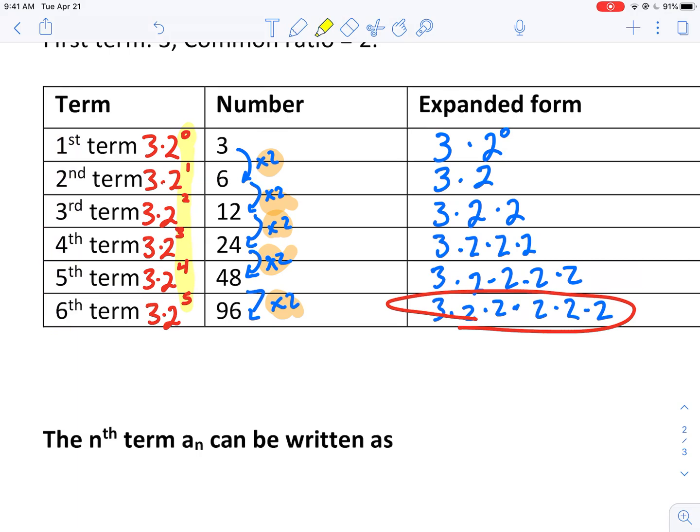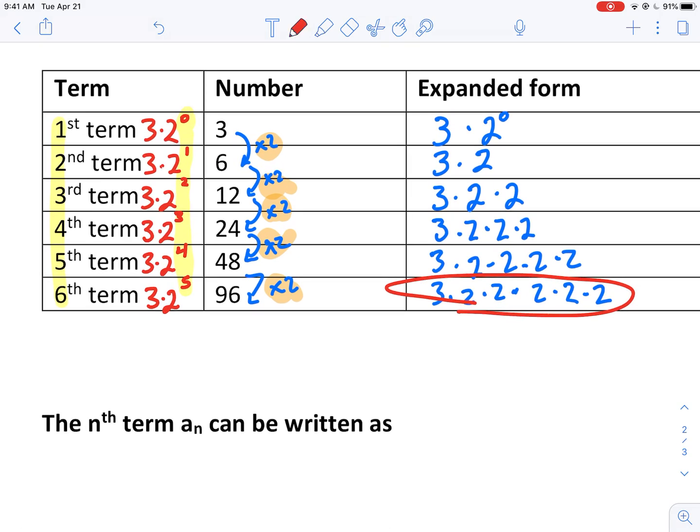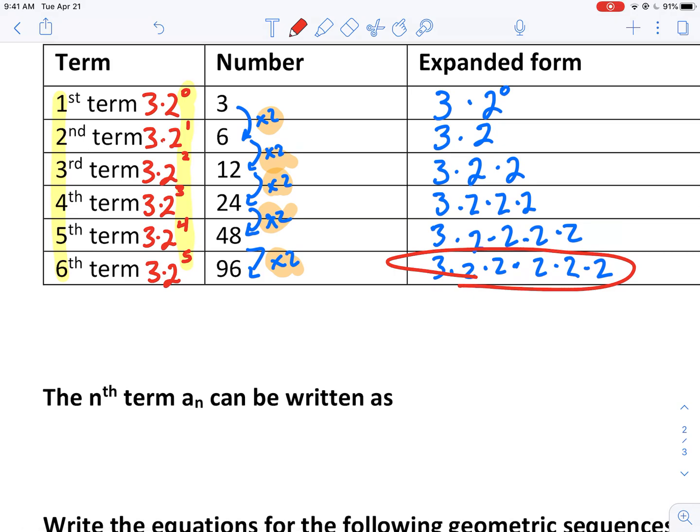And what do you notice about these exponents, these powers, as they relate to the term? The first term has 0, second term is 1, third term is 2, fourth term is 3, fifth term is a power of 4, and the sixth term is a power of 5. Well, the exponent's just 1 less than the term.